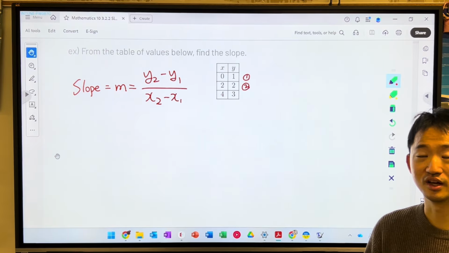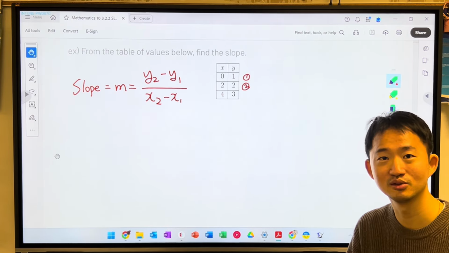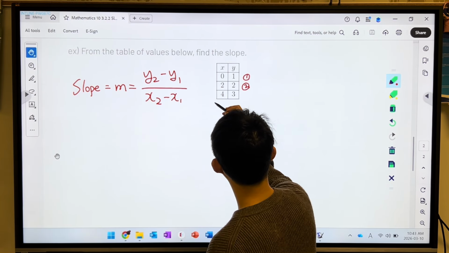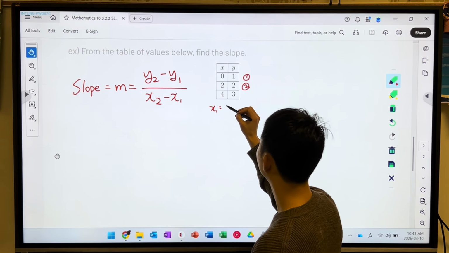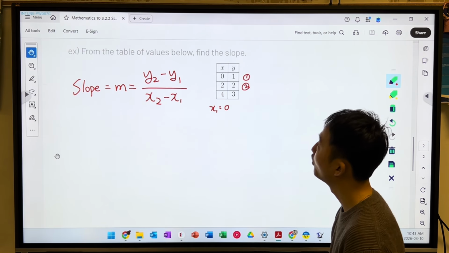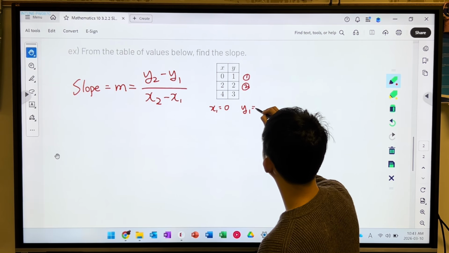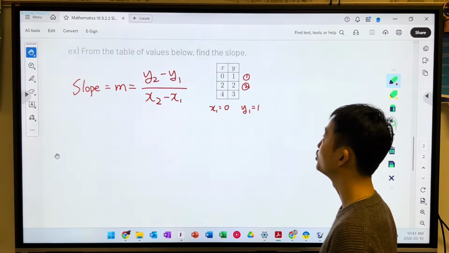It's extra helpful if you clearly indicate what x1 is, what x2 is, what y1 is, and what y2 is. So in this case, x1, the x coordinate of the first point, is 0. The y1, the y coordinate of the first point, is 1. The x coordinate of the second point is 2.